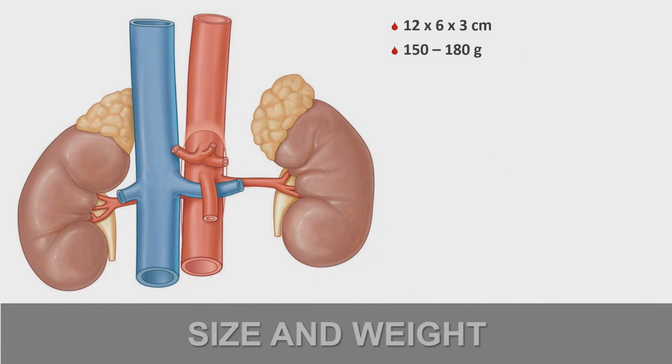But nothing is in medicine 100%. You can see that the blood supply to kidneys is very variable. Now, size and weight of the kidneys. In a normal adult, the kidney has a length of about 12 centimeters.